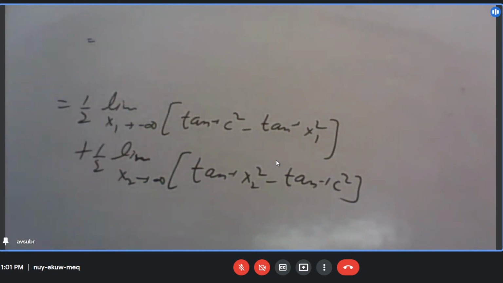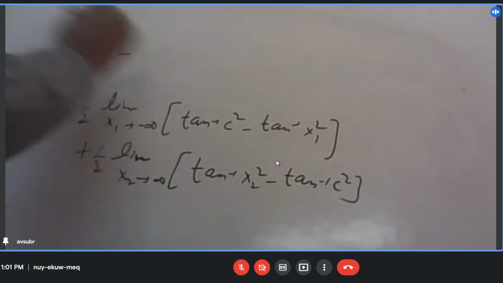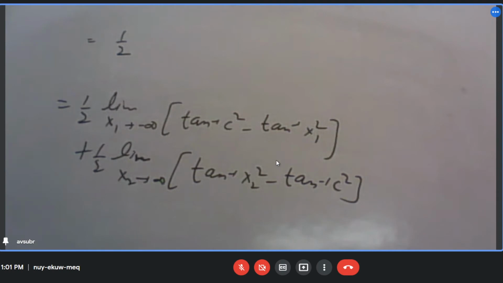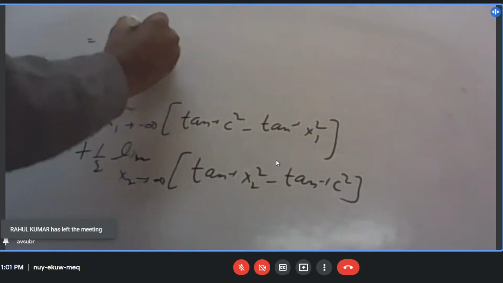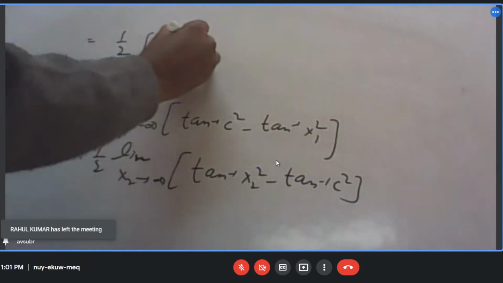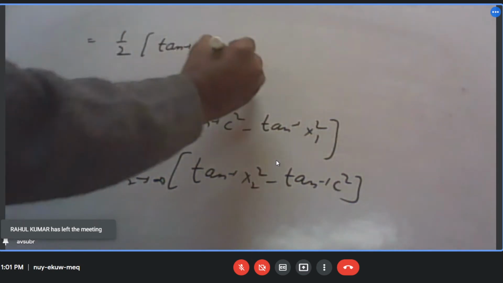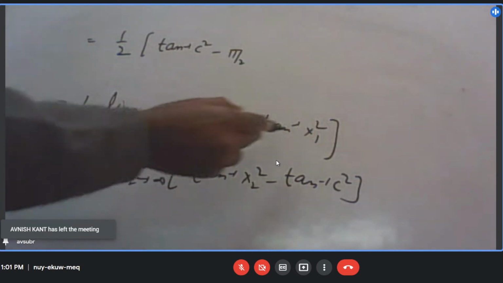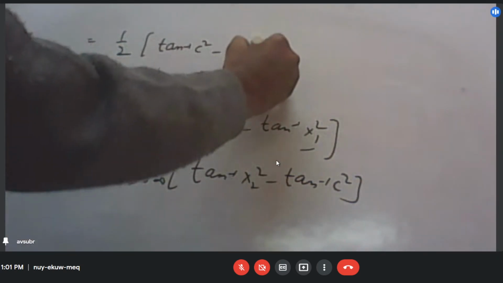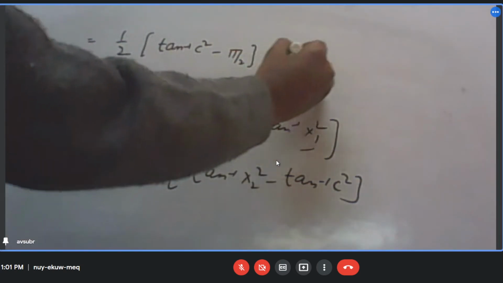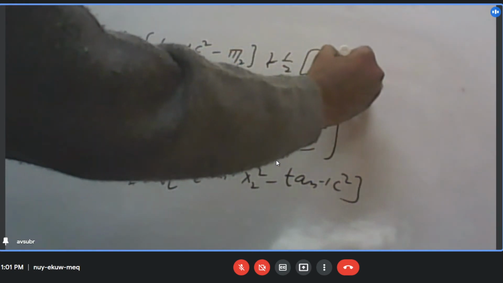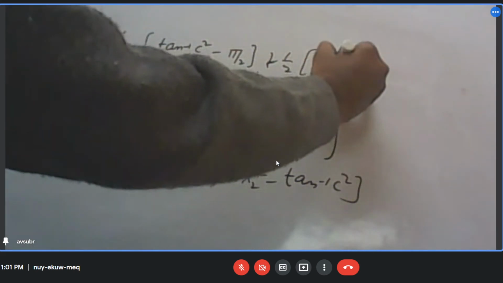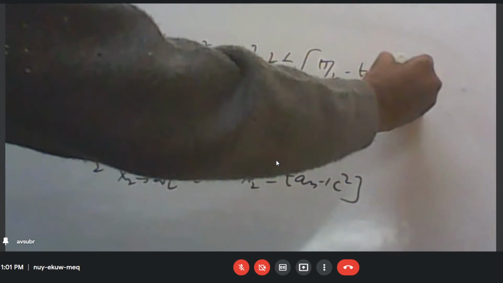So that is equal to 1 by 2. I can write it as tan inverse c square minus pi by 2 by taking this limit, plus 1 by 2, that means pi by 2, minus tan inverse c square.